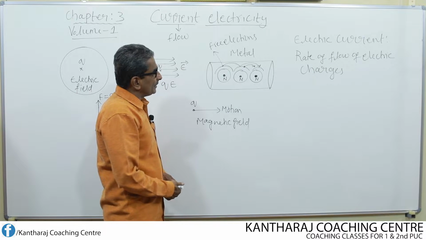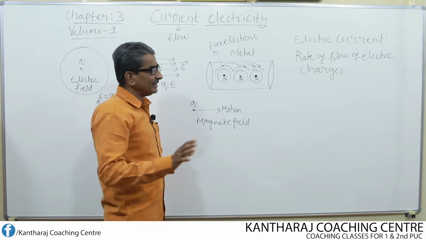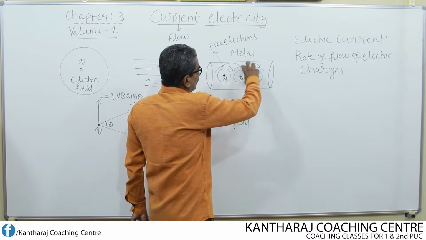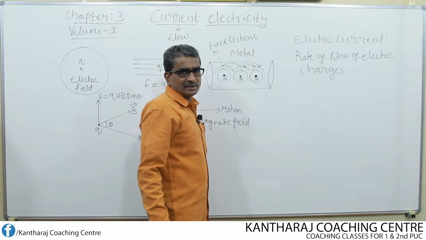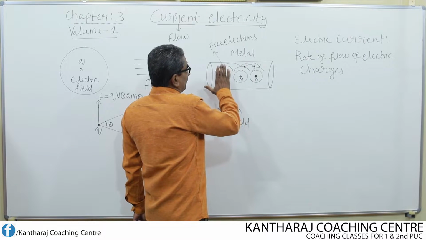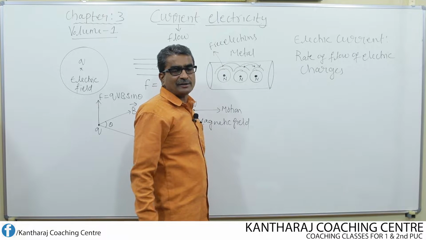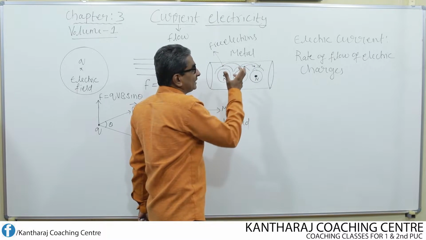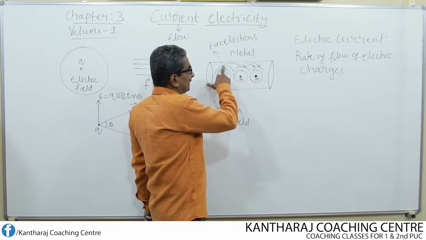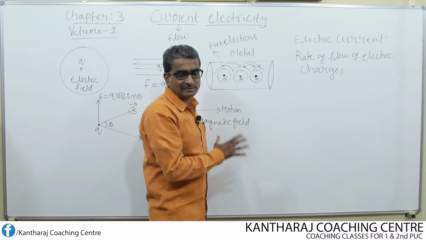Now here, these electrons keep moving in random directions. They do not follow one regular order. But when does the electron move from an atom of one orbit to an atom of another orbit? Only when these electrons gain some energy. Unless these electrons gain some energy, they do not leave the orbits of that particular atom.